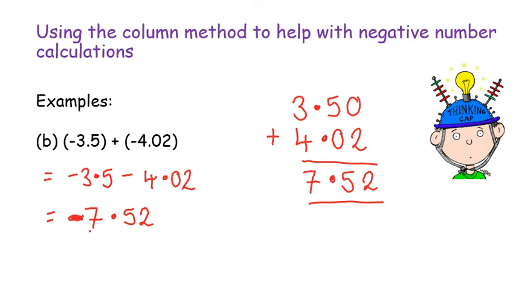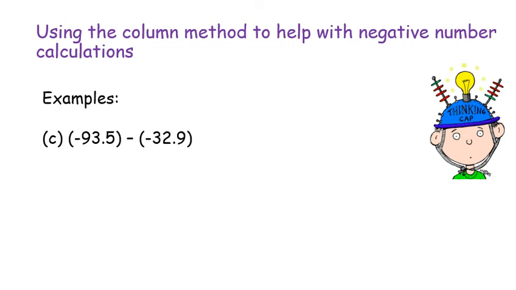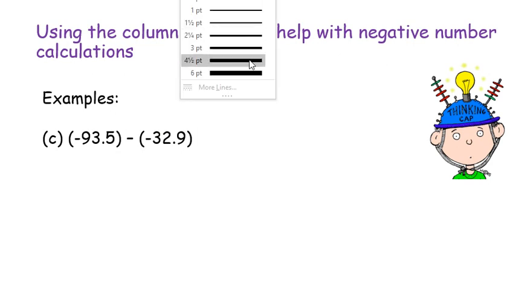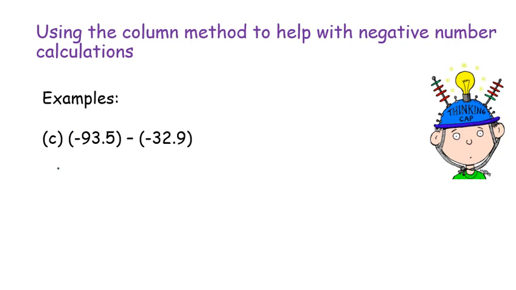Okay. In the next example, we have negative 93.5 subtract negative 32.9. So this time we're going to change the question. I've got negative 93.5, but again, I'm taking out ice cubes, so that changes into a plus. So I've got add 32.9 here.